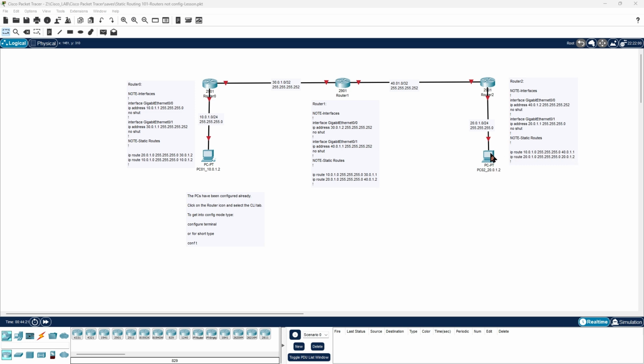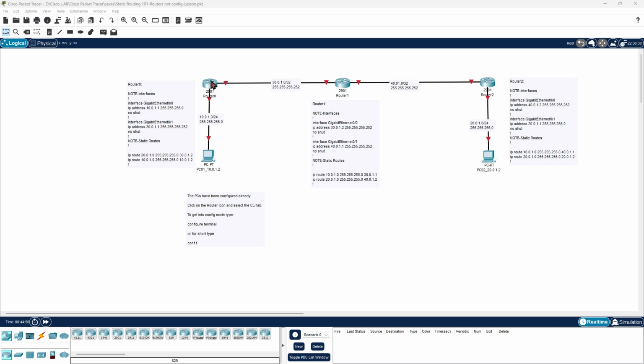We're asking from this side, how do we get to the 10.0.1.0 network? And as you can see, the static routes have a next hop here again. It says, okay, it's 30.0.1.1, and so on until it gets to this guy.